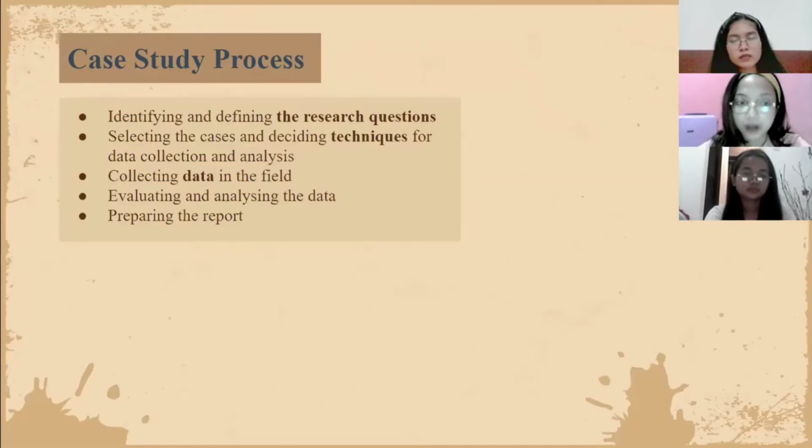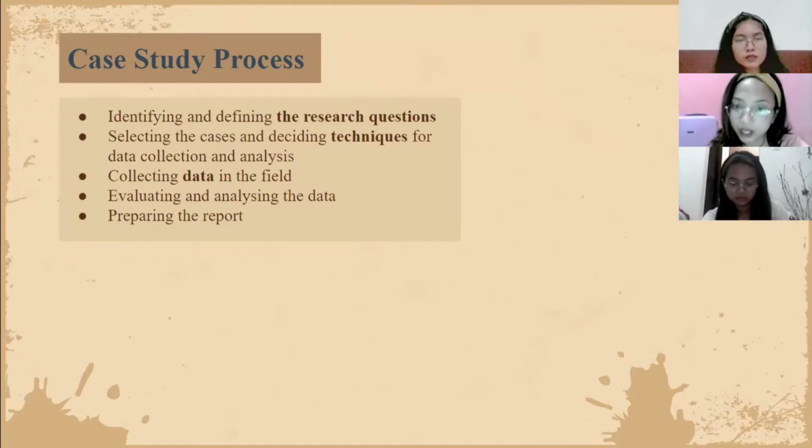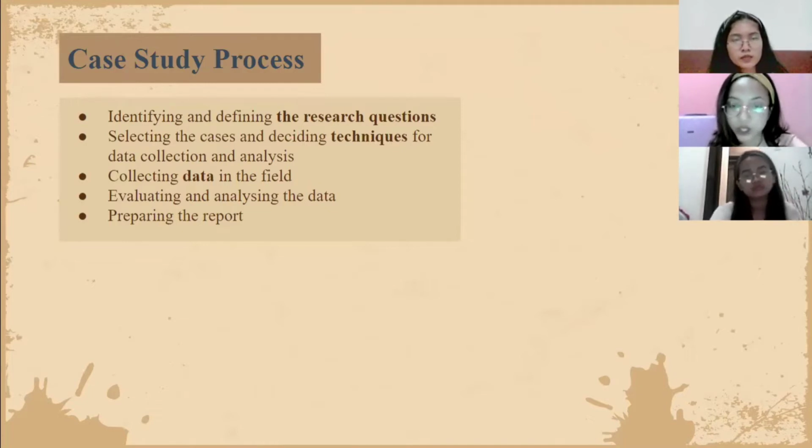And the process of the case study research is, first of all, just like other research, identifying and defining the research questions, and then selecting the case and deciding techniques for data collection and analysis. This is the thing, guys. The decision on how to select the case to study is a very important one that merits some reflection.